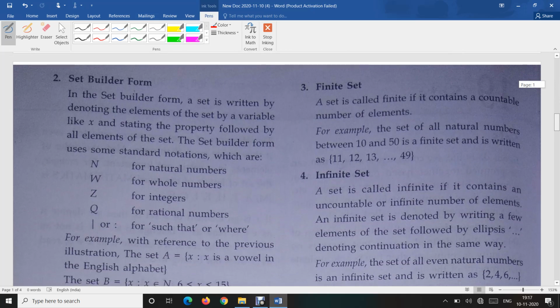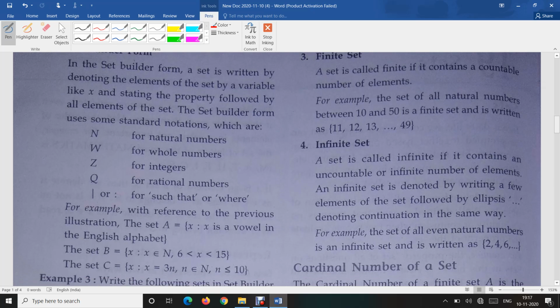The next form is the set builder form. In the set builder form, a set is written by denoting the elements of the set by a variable like x and stating the property followed by all elements of the set. You are familiar with a variable, which can change its values.